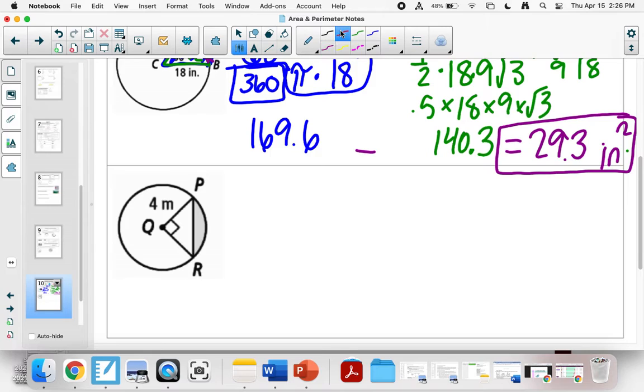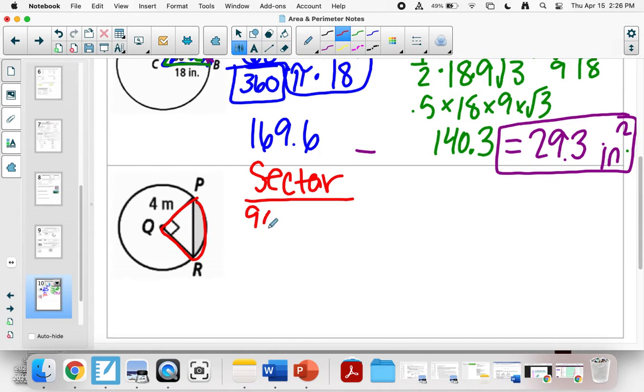Same thing here. To find a sector, we have that formula, x over 360 times pi r squared. What is my angle measure? 90. So we're finding this whole area.